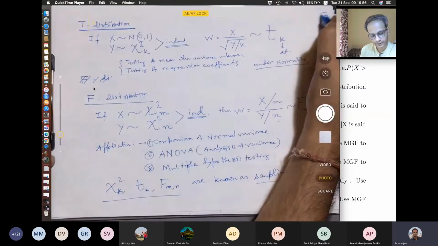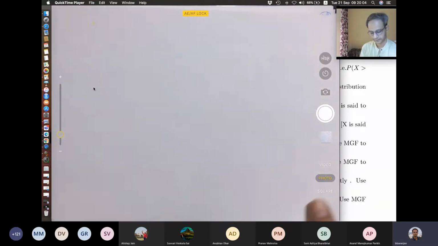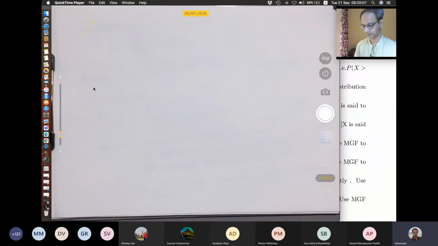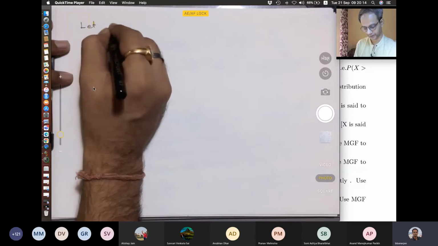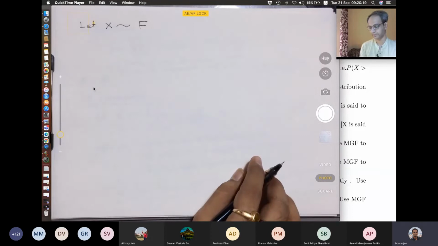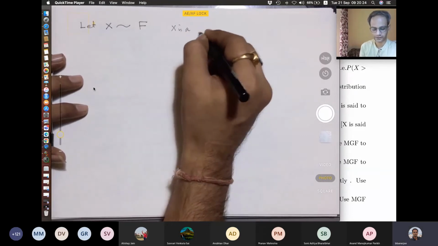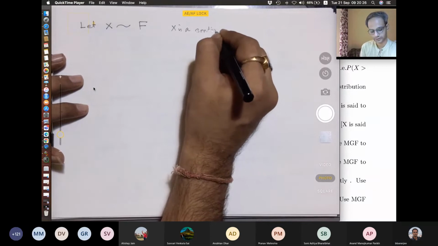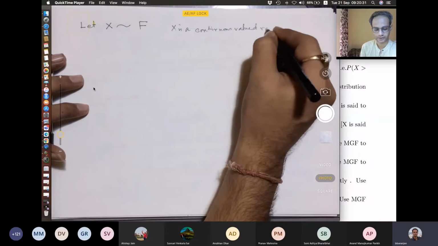Okay, now the result, which is the source and which is the ultimate. Let X follow some CDF F, and X is a continuous valued random variable.